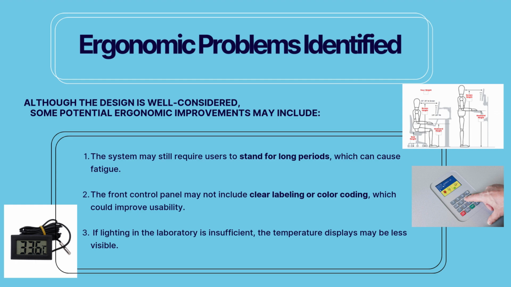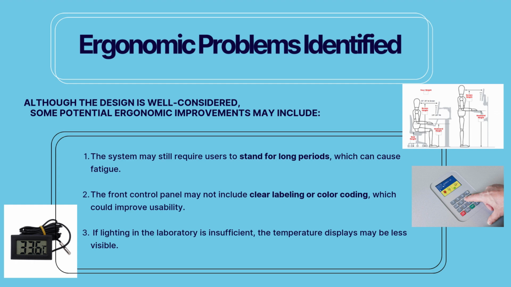The visibility of the temperature display depends heavily on laboratory lighting condition. If the surrounding environment is not well lit, students may struggle to read the temperature value accurately. Poor visibility can affect the data recording accuracy and may cause eye strain during prolonged observation.